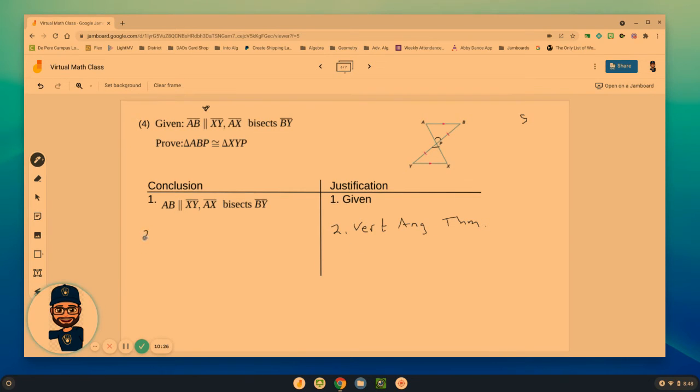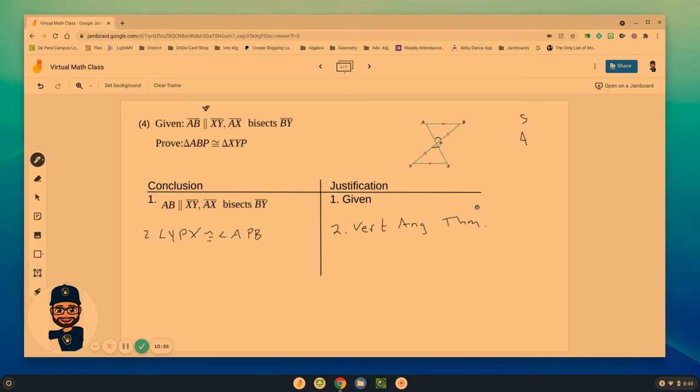So now we've got to spell it out, though. And I can't just say angle P is congruent to angle P, because it's two different angles. Angle YPX is congruent to angle APB, if I follow the order. All right, so now we have a side and we have an angle.